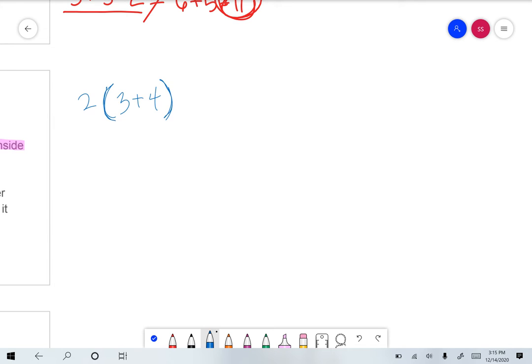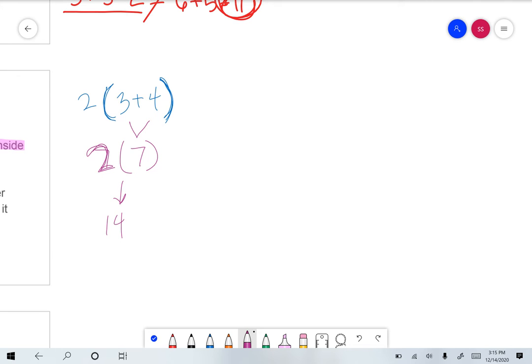Let's first just solve this and see what we get, and then we'll worry about distributing. So again, to solve this, we would do order of operations, so parentheses first. 3 plus 4 would give us 7. If we multiply that by 2, we would get 14.